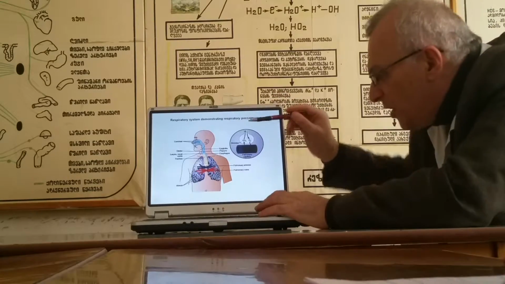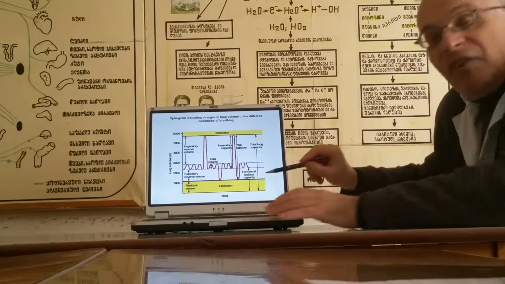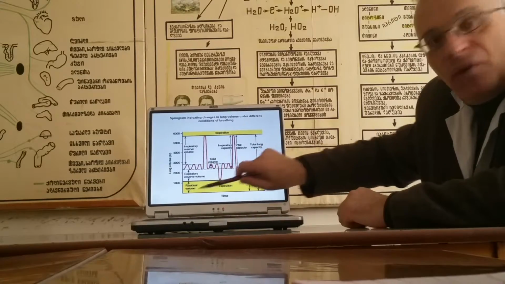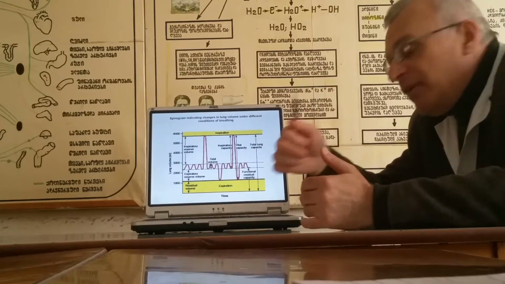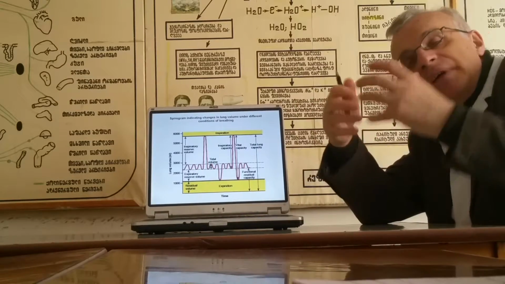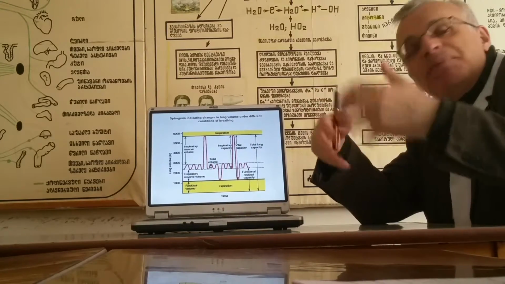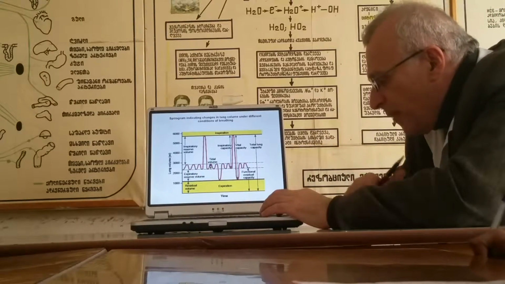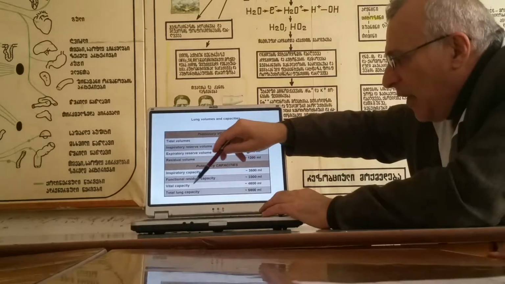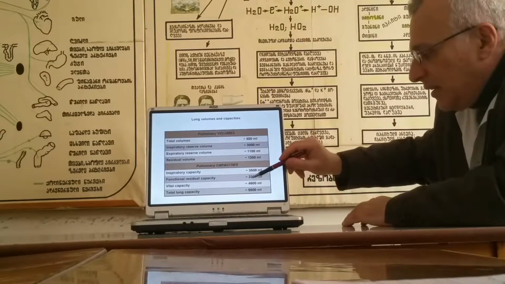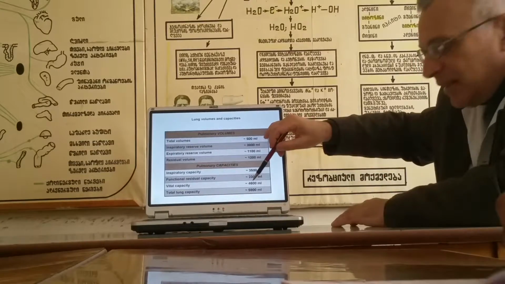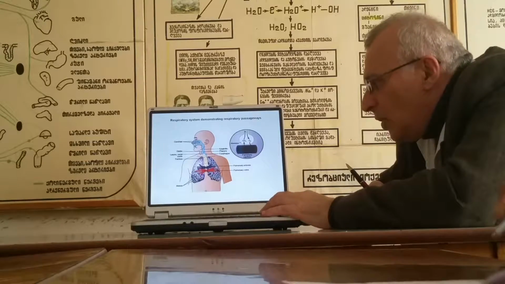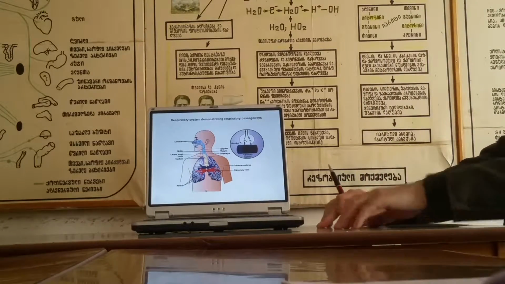Functional residual capacity is the expiratory reserve volume plus the residual volume, what remains in the lungs after expiration. Vital capacity about 4,500, and total about 6 liters, 5,800. It's about 6 liters. Also, we talk about it sometimes.